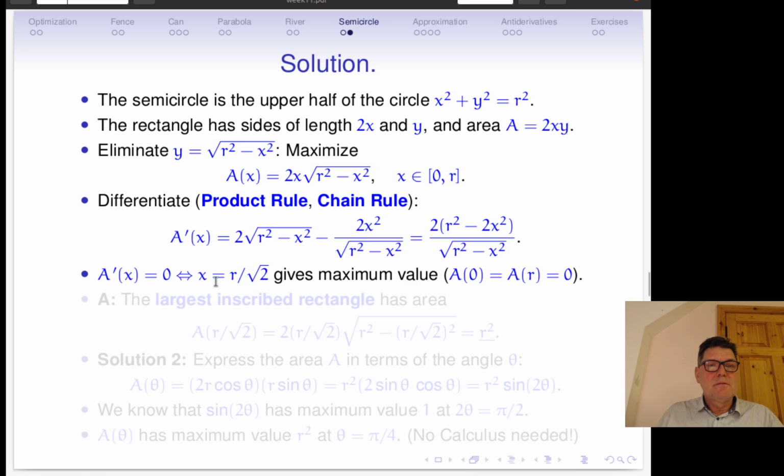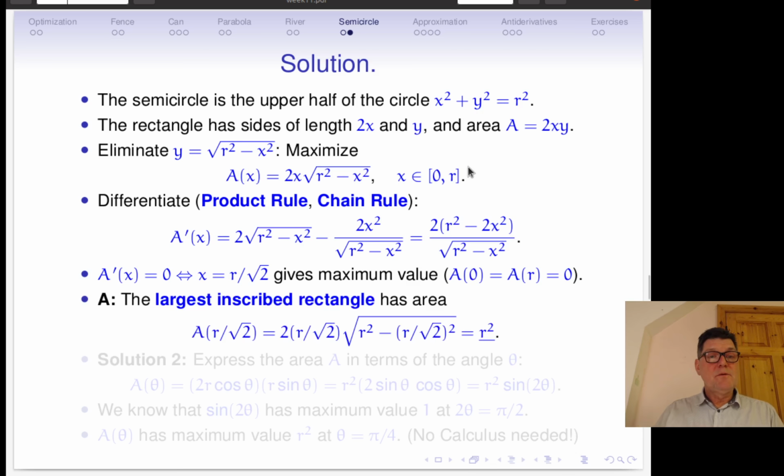And looking at the extreme cases, x equal to 0 or r, there the area comes out to be 0, so the endpoints of the interval are not in the competition here.